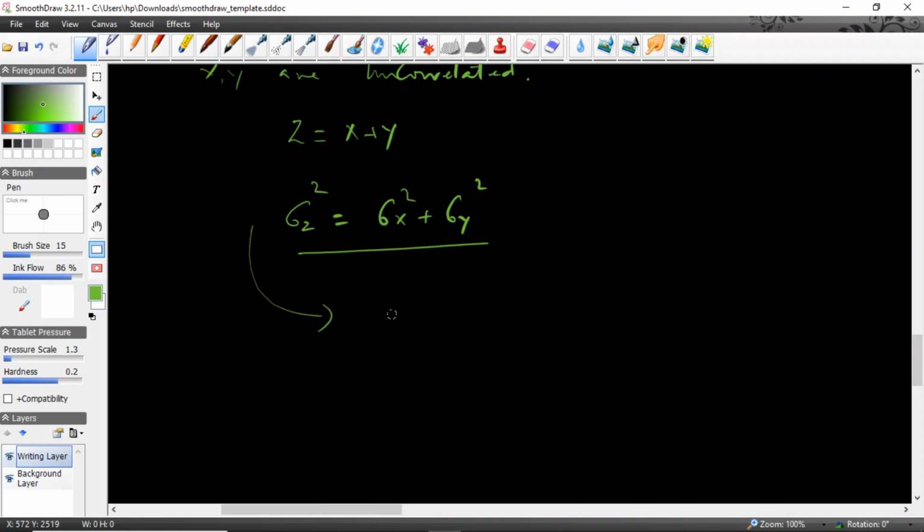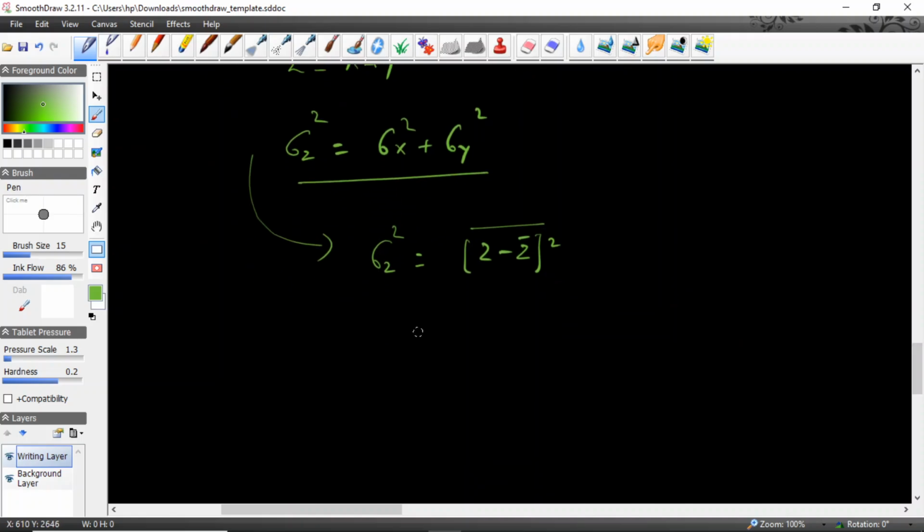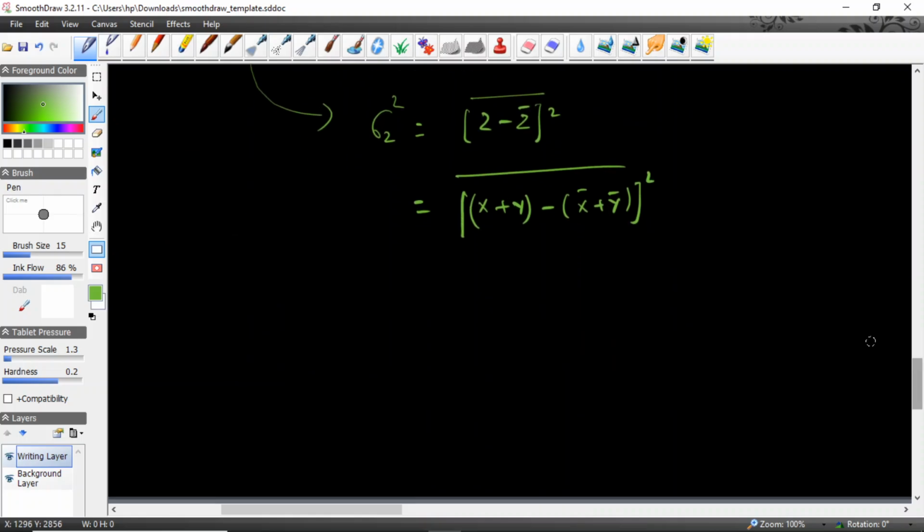So if I find sigma z square, which is the mean value of (z minus z bar) square, this is the variance of z, and z is x plus y, minus (x bar plus y bar) whole square, which I can take as the expected value of (x minus x bar plus y minus y bar) whole square.